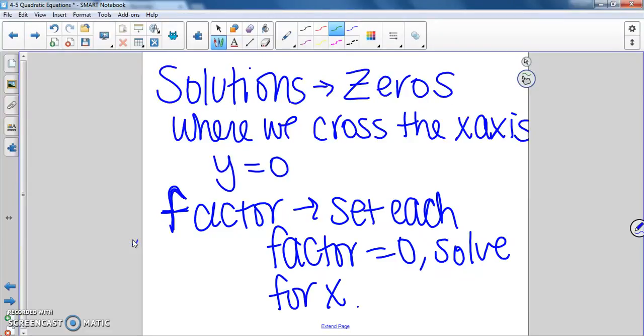Then our x values would be our solution to the quadratic. If we were looking at a graph, our solutions is where we cross our x-axis.